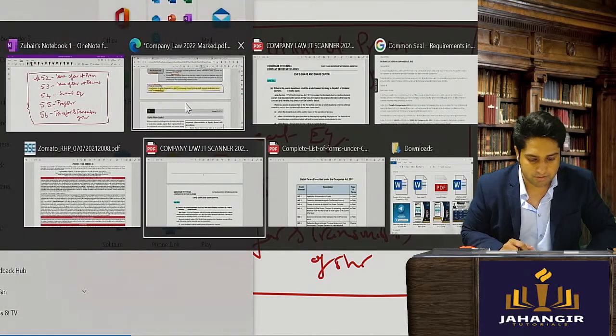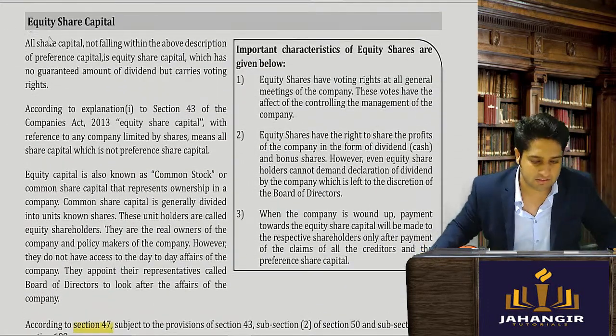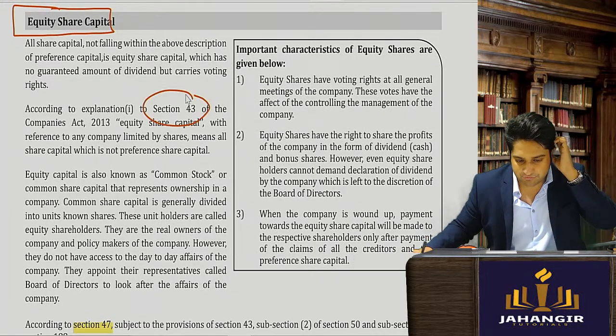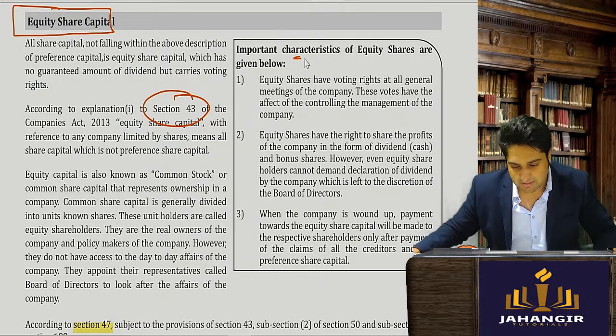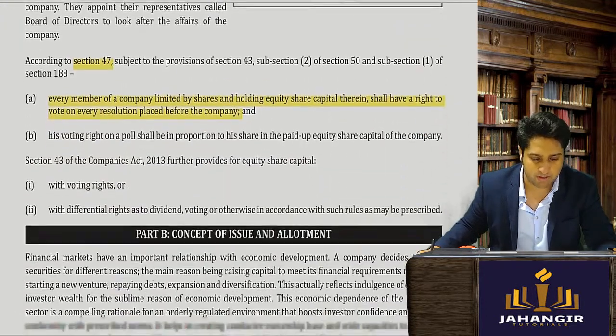Okay, now moving forward, equity share capital. Now very simple, this is not important from an exam point of view. Again they have repeated section 53, certain characteristics of equity shares, not important.